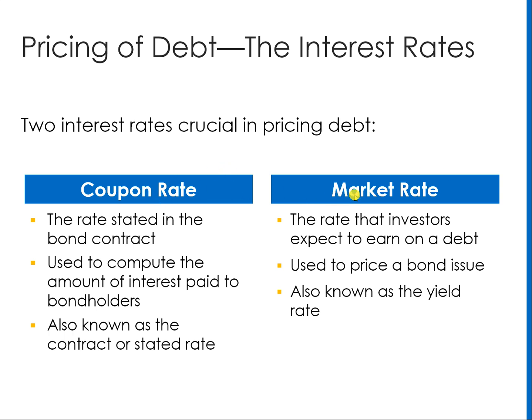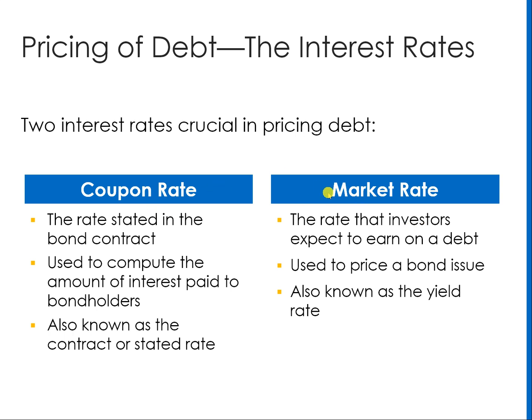So depending on which rate is higher, the bond may be issued with a premium, which means the issue price will be higher than its face value, or issued with a discount, then the issue price will be lower than its face value. When the coupon rate is higher than the market rate, the bond is offering a higher rate than what is expected by an investor.